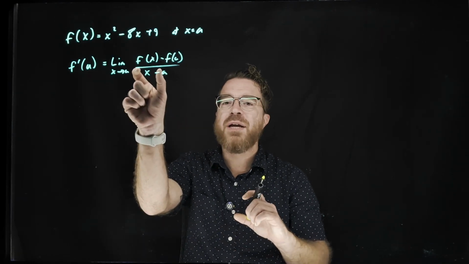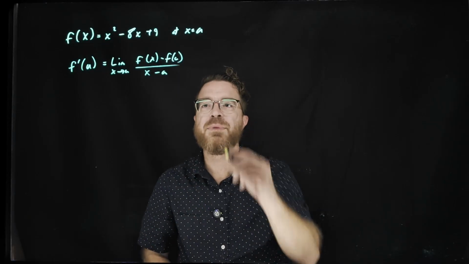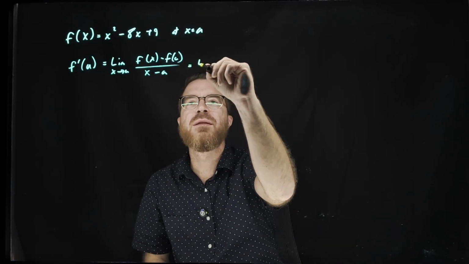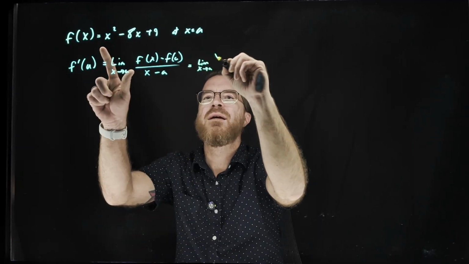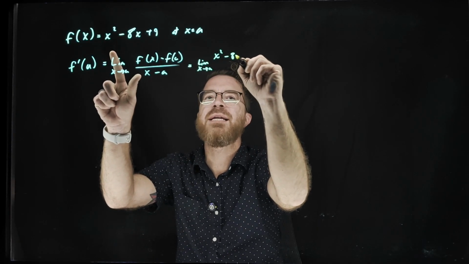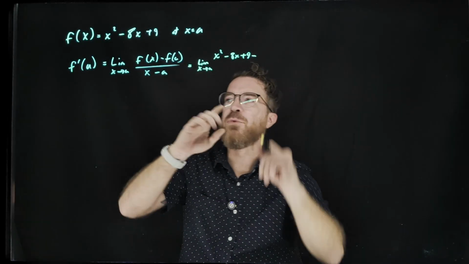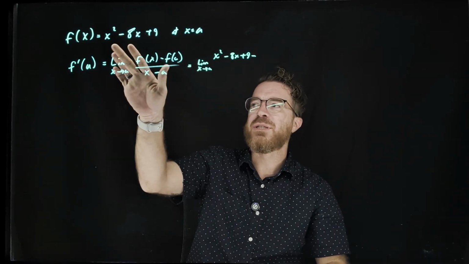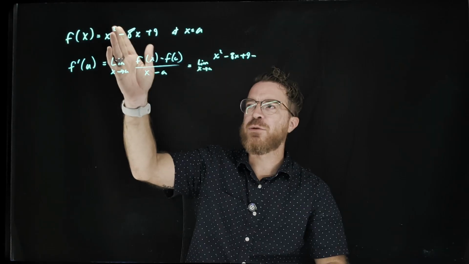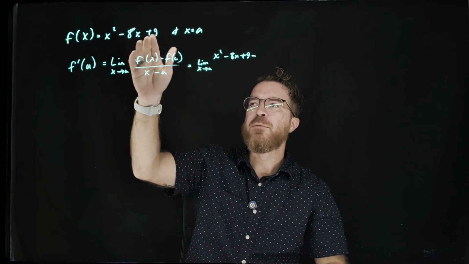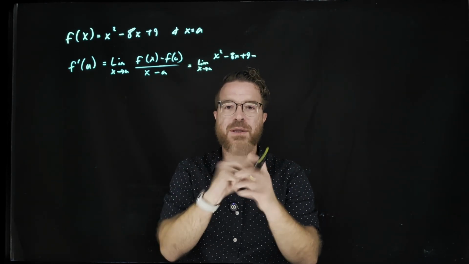So we have our f of x here, so I'm going to plug this f of x in to see what our limit becomes. In this case, we have the limit as x approaches a of x squared minus 8x plus 9 minus, and now I'm going to get f of a, which is the same thing, but instead of x squared minus 8x plus 9, it's going to be a squared minus 8a plus 9. But remember, I'm subtracting this, so I'm just going to flip all the signs.